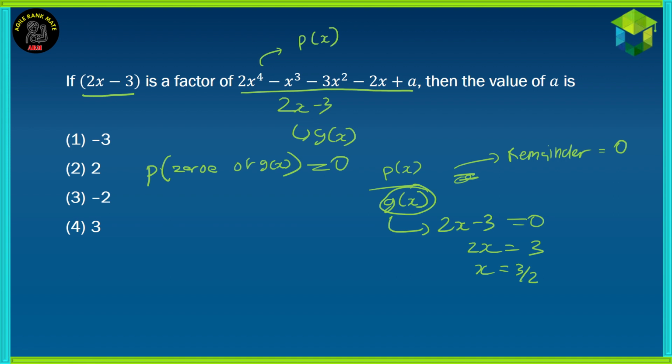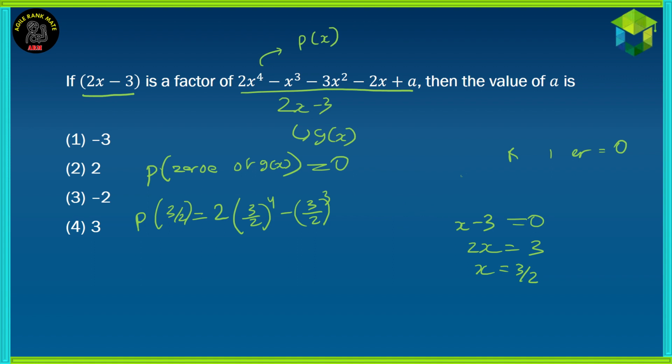And if we replace x is equal to 3 by 2 in the whole of p of x, that's basically p of 3 by 2, then we get 2 into 3 by 2 whole raised to 4 minus 3 by 2 whole cube minus 3 by 2 the whole cube, and then minus 3 into 3 by 2 the whole square.